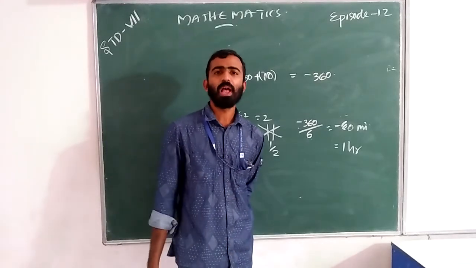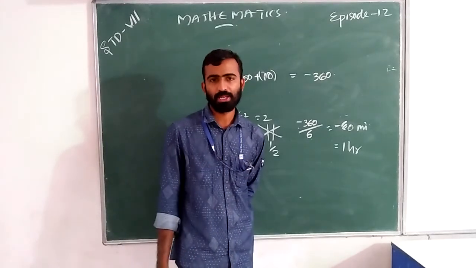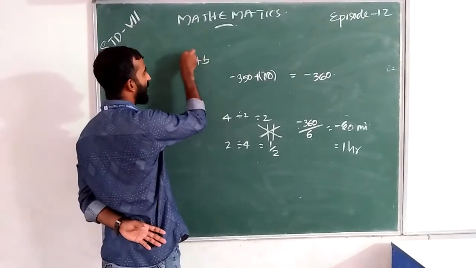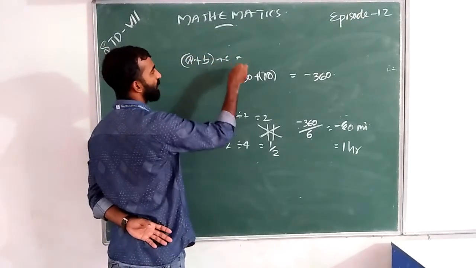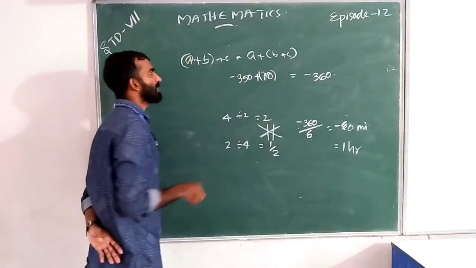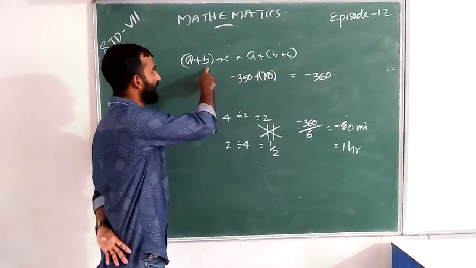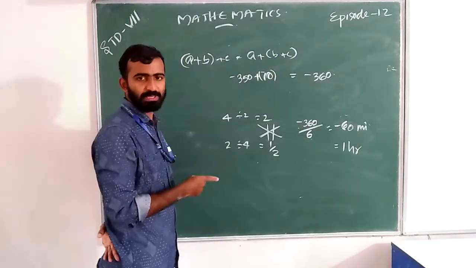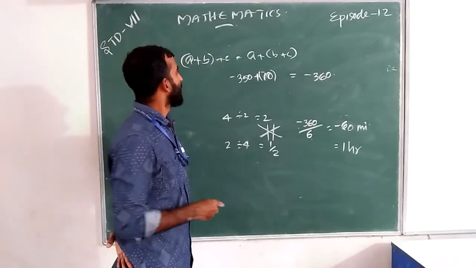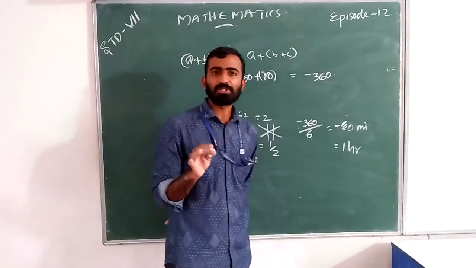Next, we studied the associative property. What is the associative property? a plus b plus c equals a plus b plus c, grouped in either way. Subtraction is not satisfied.